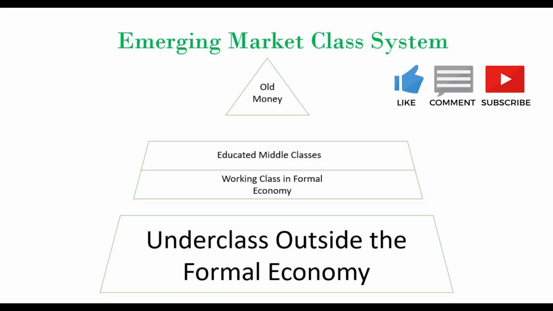And what makes South Korea different than, say, less developed emerging market class systems is that the underclass trapezoid would be a lot smaller or almost entirely non-existent, and the formal economy would be a lot bigger.